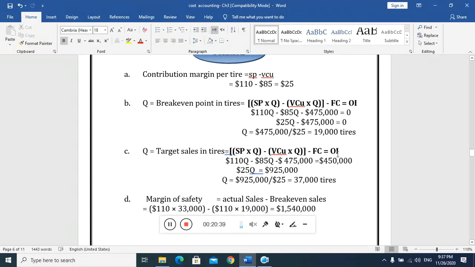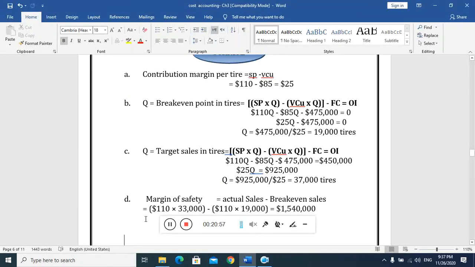This is the target operating income. Here we can use $450,000 instead, and the target sales will be 37,000 tires.